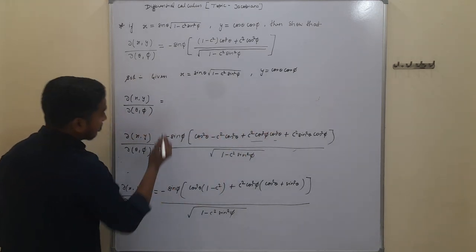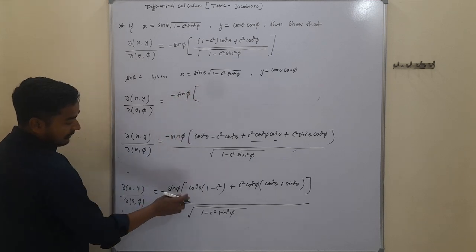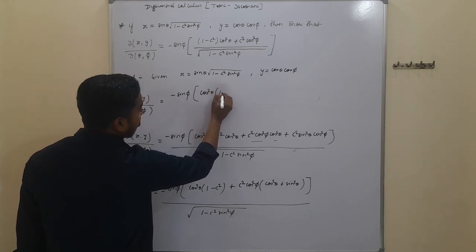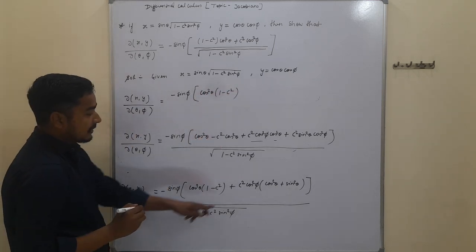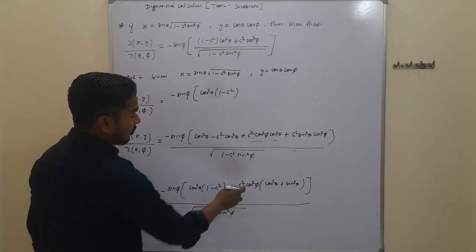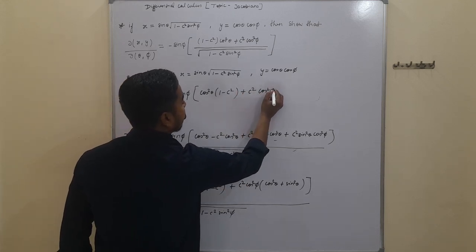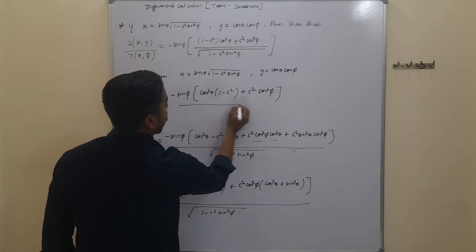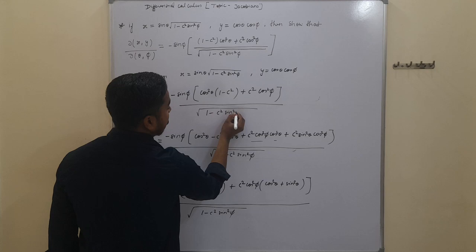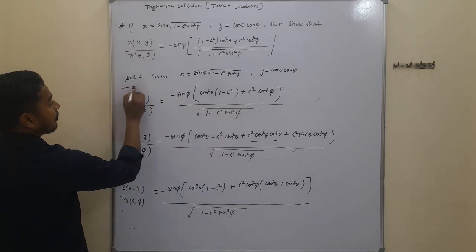So we write here minus sin phi, in the bracket cos square theta into 1 minus c square, and here we put cos square theta plus sin square theta is 1, so we get plus c square cos square phi, upon under root of 1 minus c square sin square phi. This is the required solution of the given problem.